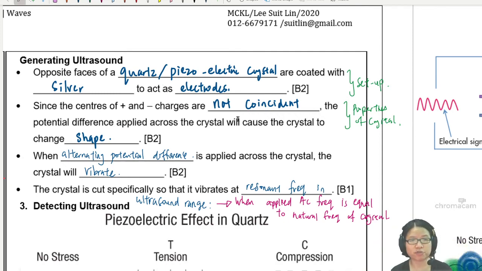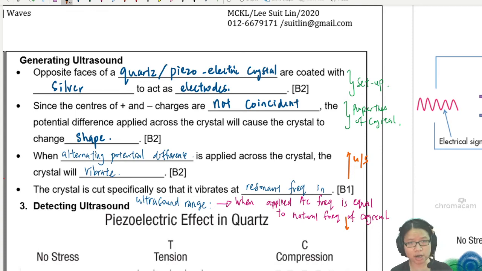So potential difference applied across the crystal will cause the crystal to vibrate or change shape, right? So when we place the alternating potential difference, the crystal will vibrate. So just what happens lah. And then down here would be generating ultrasound. All right, here to here, ultrasound. Cool. So this is how ultrasound is generated.